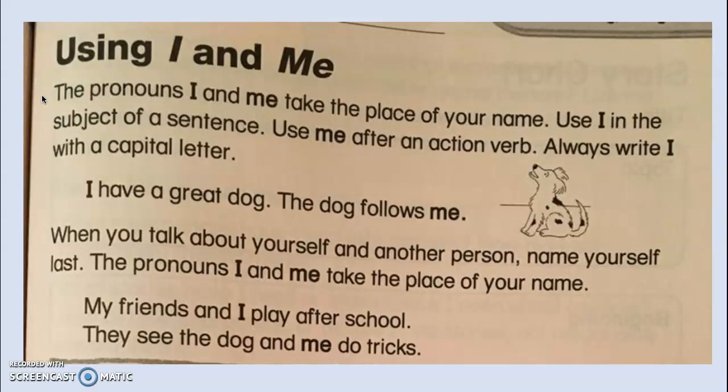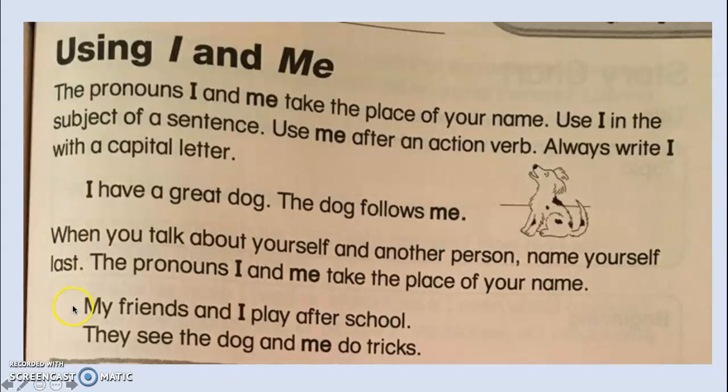Always write I with a capital letter. So I'm reading the example right here. I have a great dog. The dog follows me. When you talk about yourself and another person, name yourself last. The pronouns I and me take the place of your name.